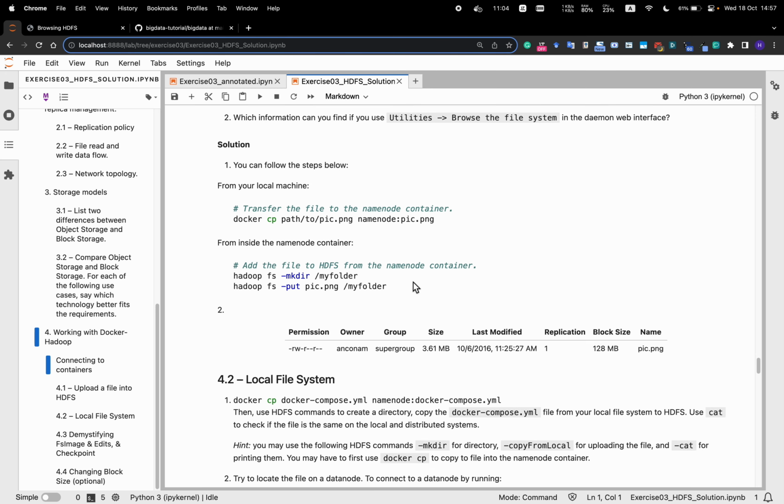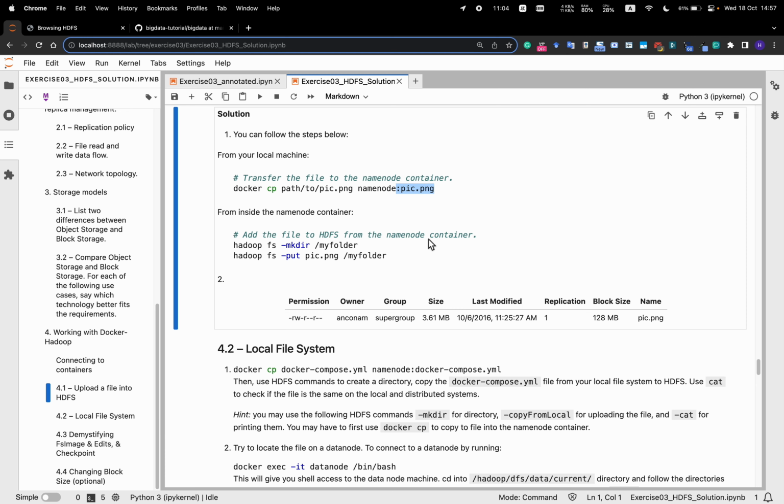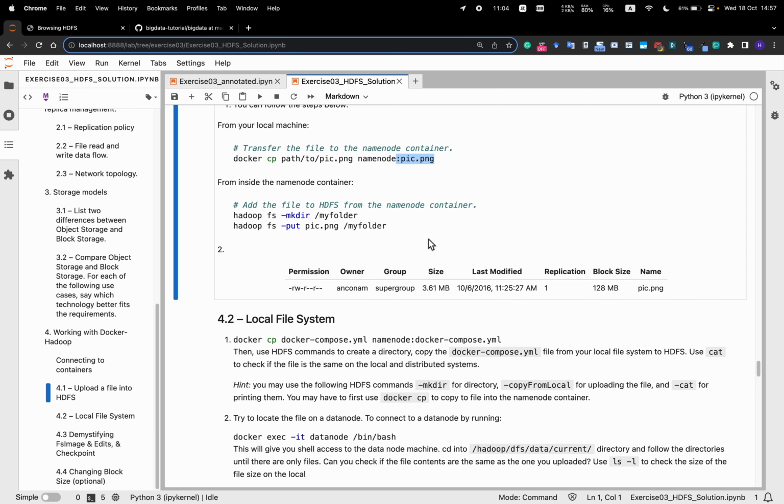Second point: you provide your hash, colon, and what comes after the colon would be the path in the container instead of your local file. So basically, in Docker copy, this file is your local file system, and what comes after the colon is the file system inside of the Docker container. So it's an isolated, separate namespace.